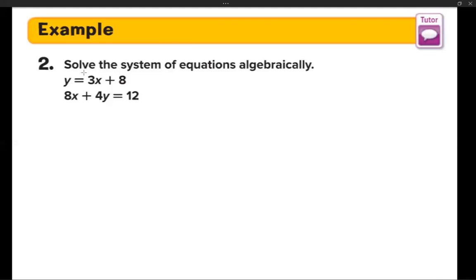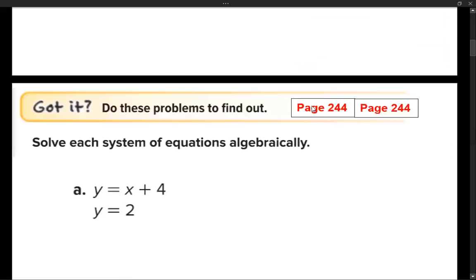It is equal to 3x plus 8. The second equation doesn't give us a straight value for y, but the first one does. So we only need a single value for y to solve these equations. Okay, let's go back and solve these examples one by one.